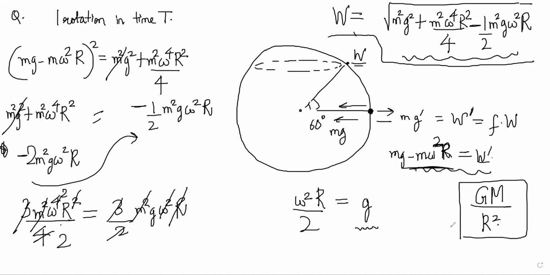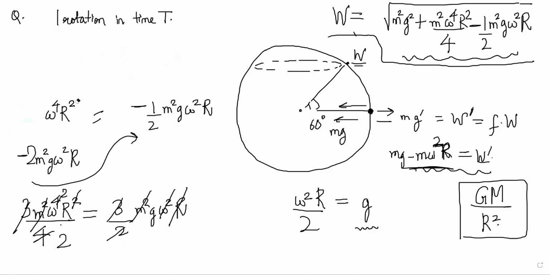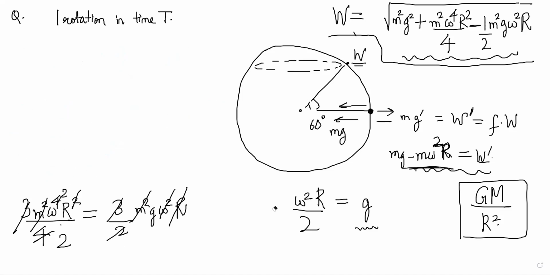We have this relation now, which means just instead of omega square, I'll put 4 pi square by t square, and r is equal to capital G, and mass can be written as density into volume.